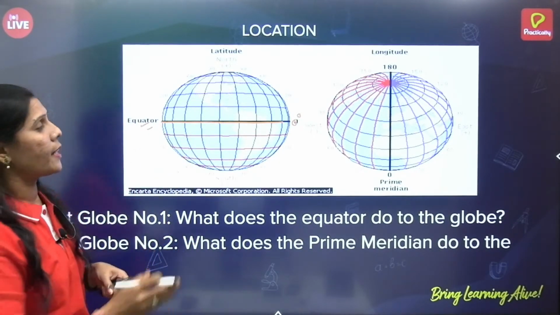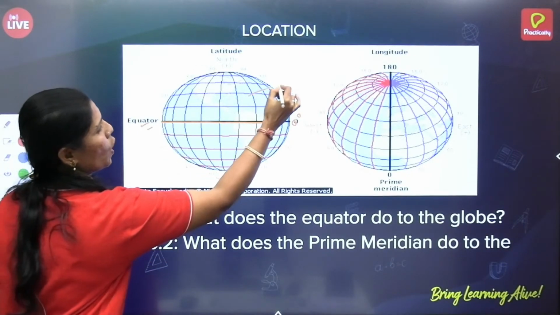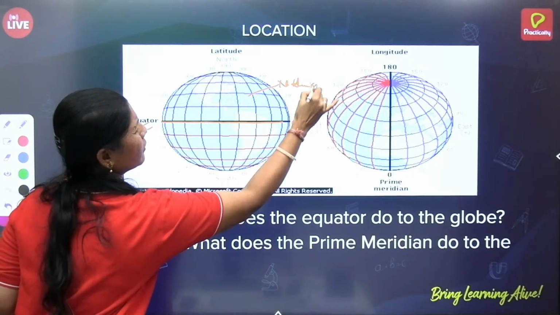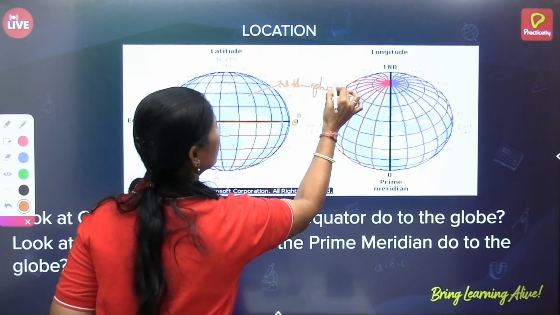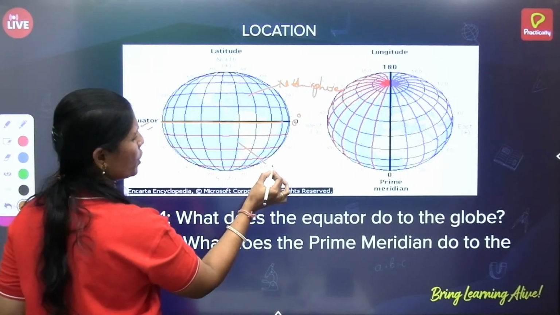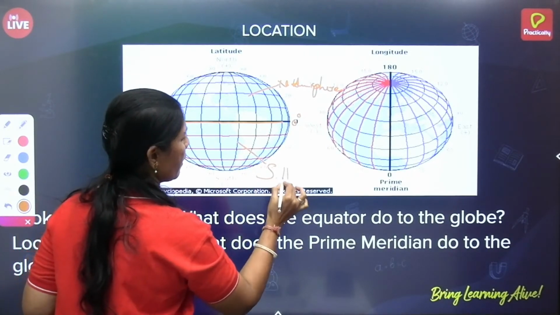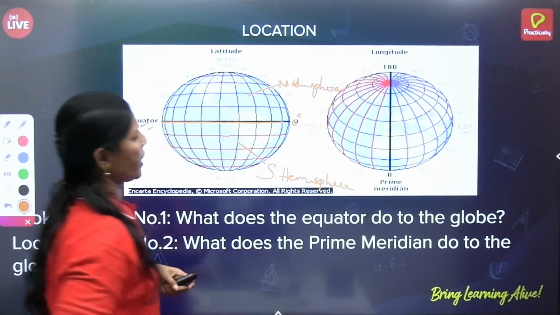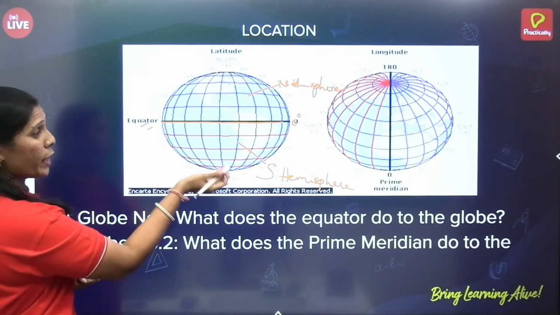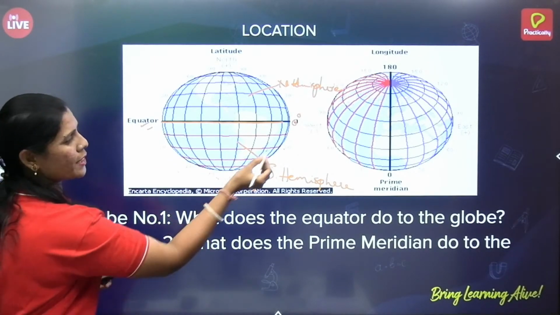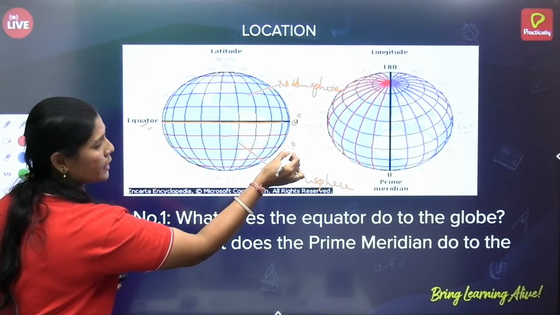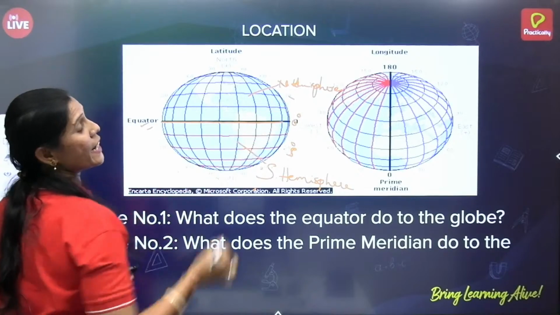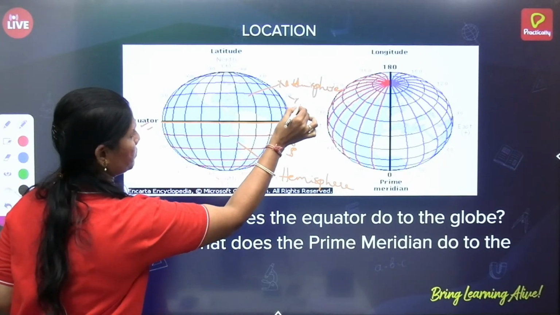The upper part is called the northern hemisphere, and the lower part is called the southern hemisphere. When you are representing latitudes, the southern hemisphere is represented with S and the northern hemisphere with N.